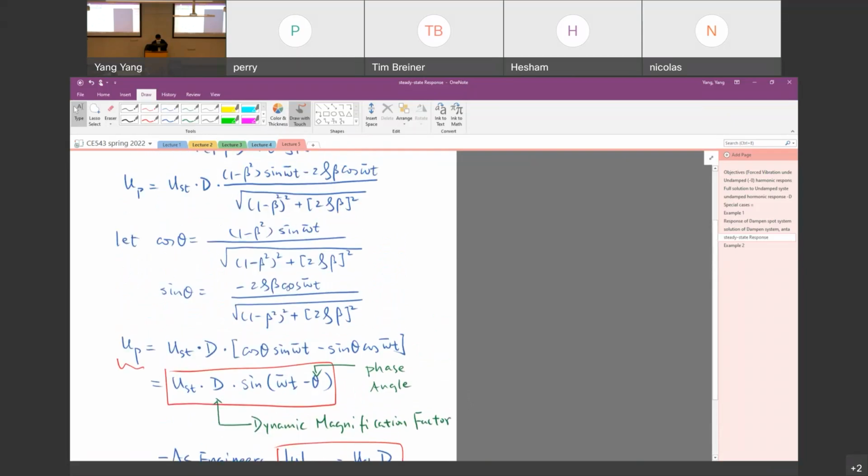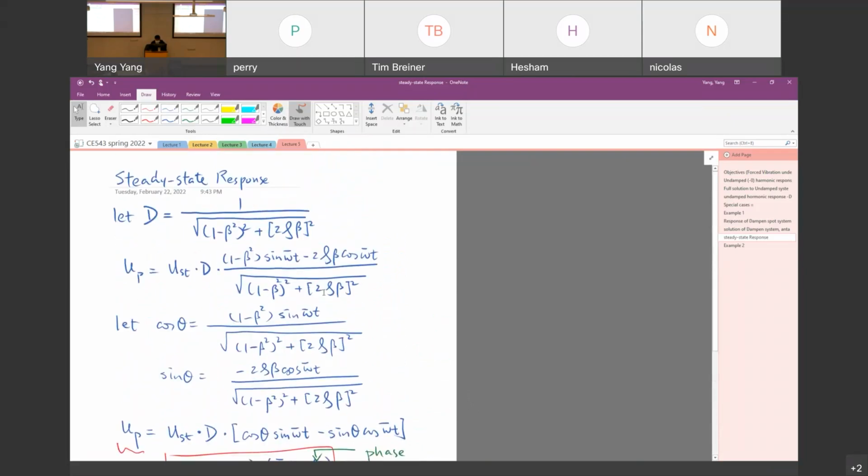As you can see here, D is only a function of beta and the damping ratio. Beta here is the ratio between the frequencies, and the damping ratio is zeta.